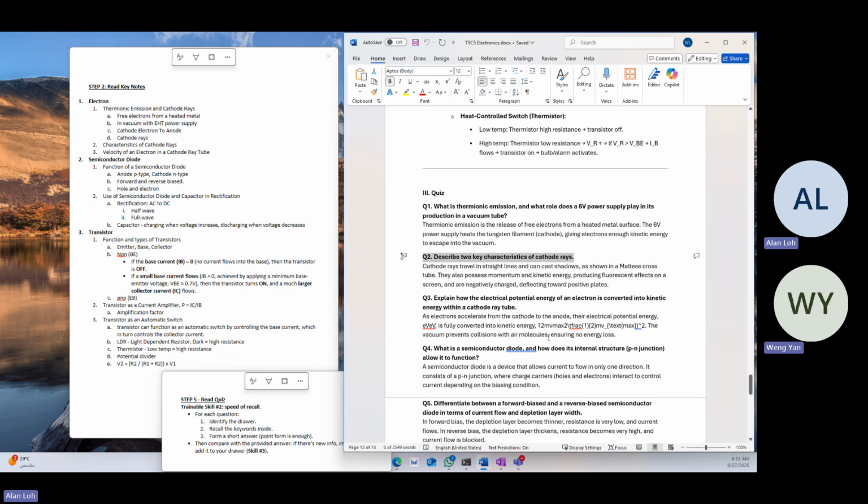Still the first row. Electron beams. Okay. Answer number 2.